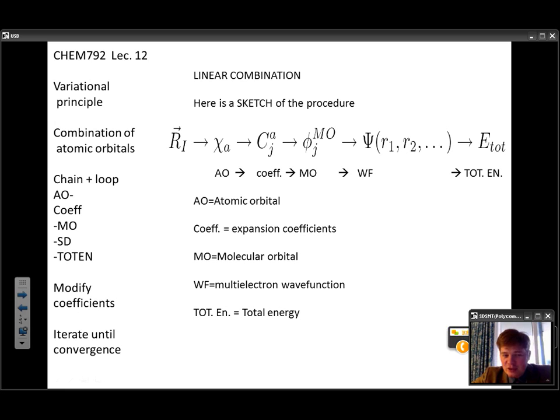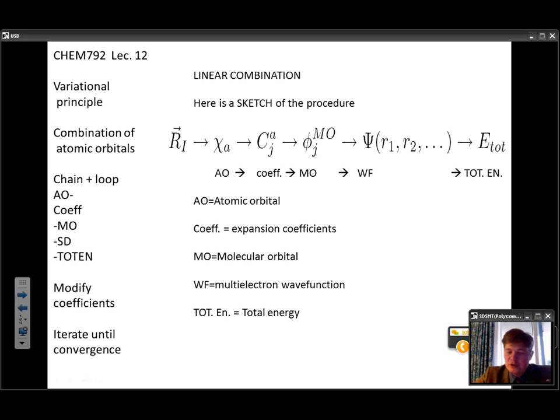By merging together atomic orbitals and expansion coefficients, we get molecular orbitals. Then, through the Slater determinant procedure, molecular orbitals are constructed together into a many-electron wave function. And after we know the many-electron wave function, we find the total energy.